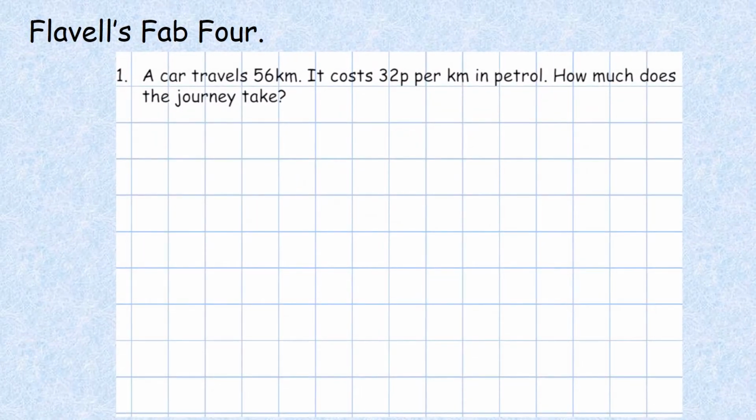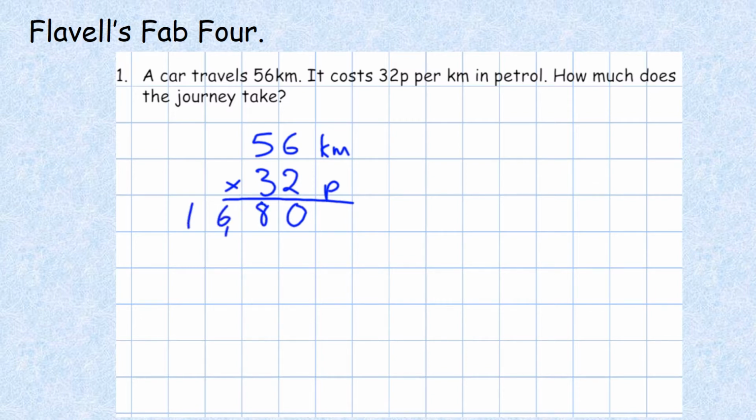So we've got the car who travels 56 kilometres and it costs 32 pence per kilometre in petrol. How much does the journey take? Well, we've got 56 kilometres and we're multiplying it by the 32 pence, which is per kilometre. Do the tens, 3 6s are 18, 3 5s are 15, and 1 is 16.